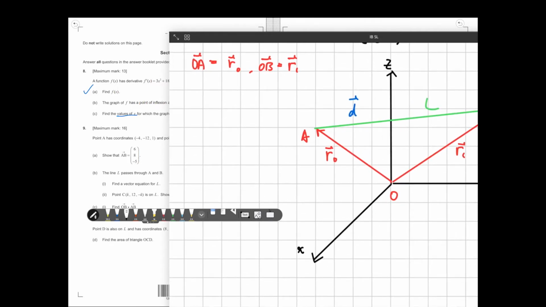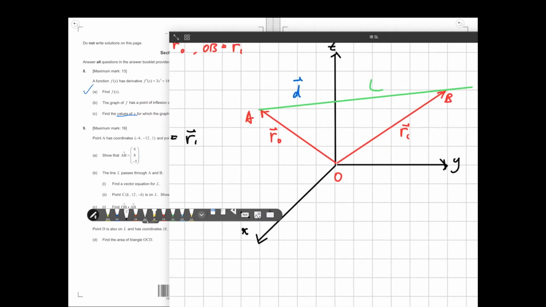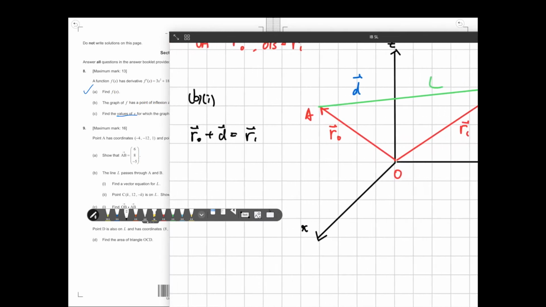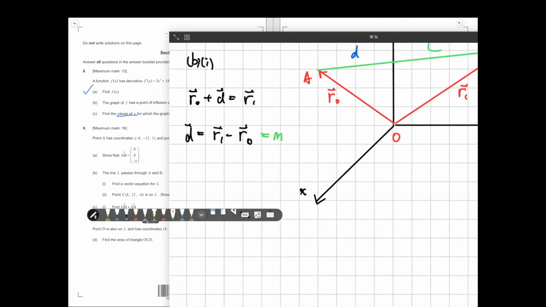Right? So for part B1, r0 plus d will be equal to r1. Right? So from OA and then A to B, it will be equal to OB. So d will be just equal to r1 minus r0, and this one is just equal to the slope, the m, right?